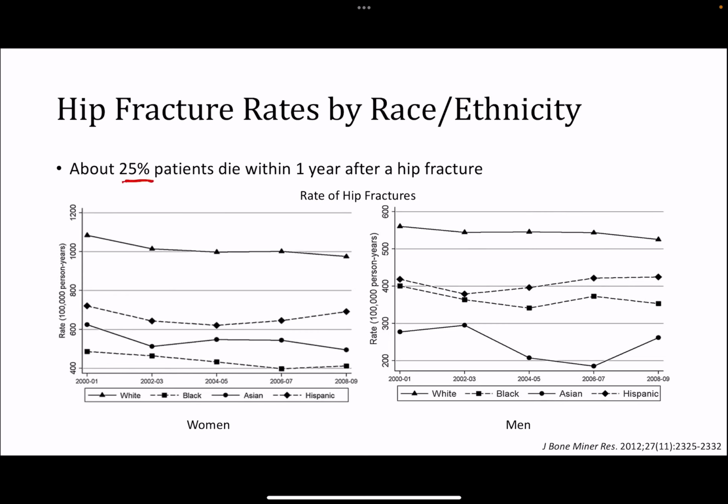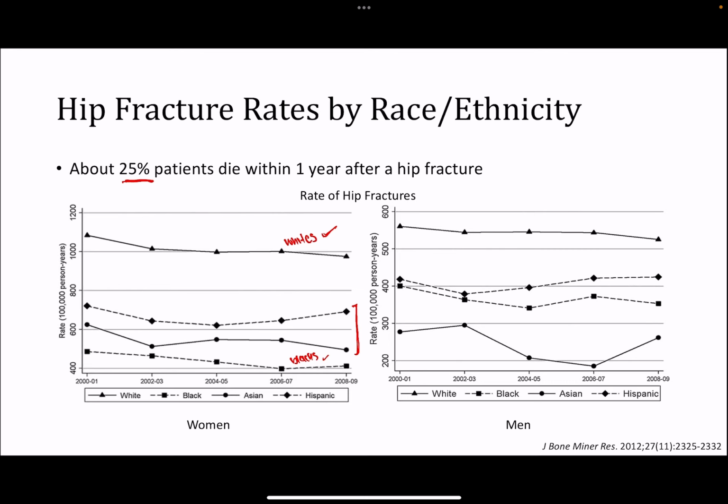And these two graphs here show the differences between the different races and ethnicities. On the top here we have white, and on the bottom we have black. And in the middle we have Asians and Hispanics. So you could see that osteoporosis or fractures are more common in whites than in blacks, and Asians and Hispanics are in the middle.